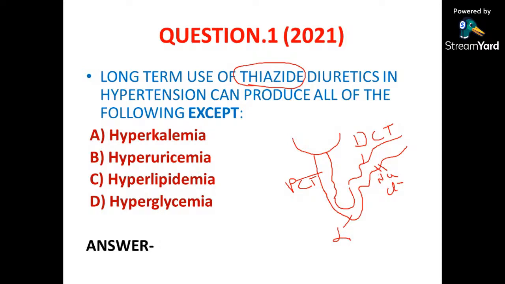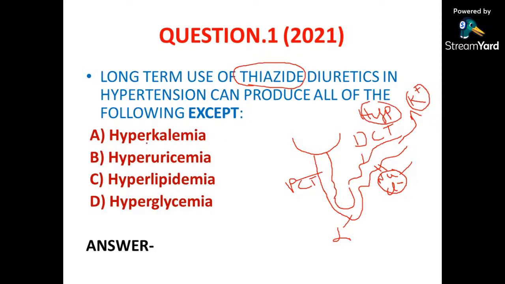So thiazide diuretics will inhibit these sodium chloride symporters, and by that it will excrete the excess amount of sodium and chlorine, and in the later parts of the distal convoluted tubule it will mediate the excretion of potassium. So when potassium excretion is done, thiazide diuretics will cause hypokalemia.